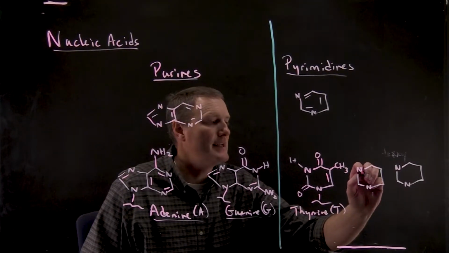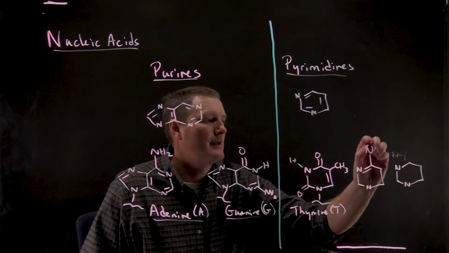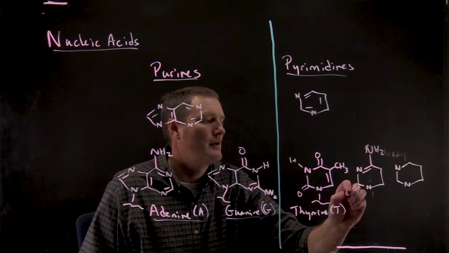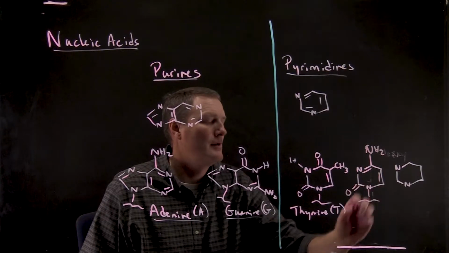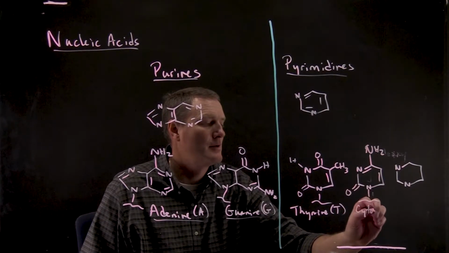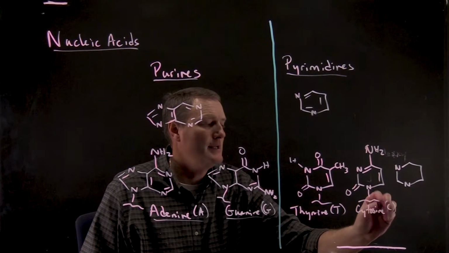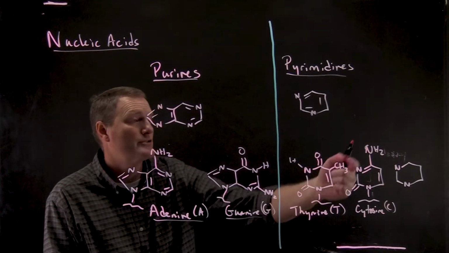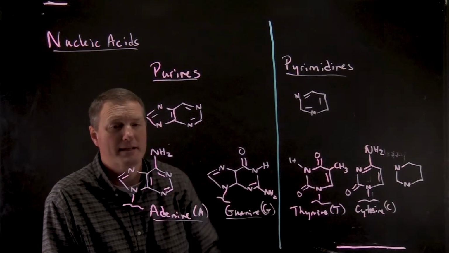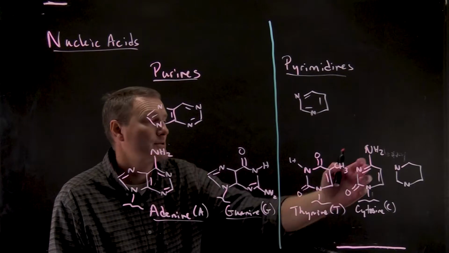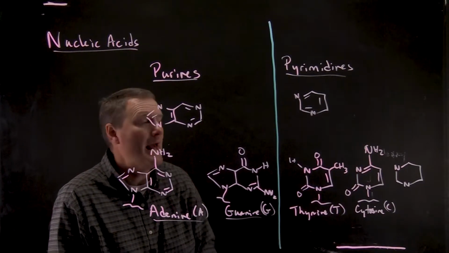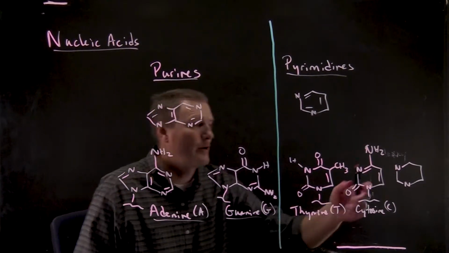Next, we would have C, or cytosine, or C. And notice it's different in structure. It has an amino group up here instead of the C double bond O. It also is lacking the methyl group. And then lastly, uracil.